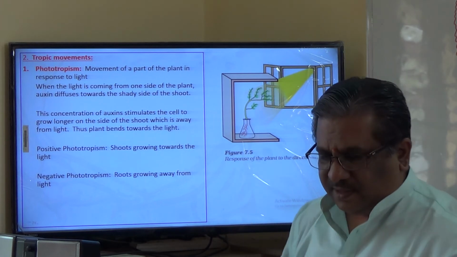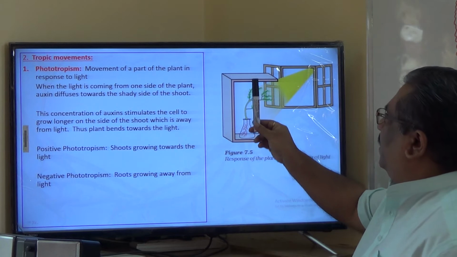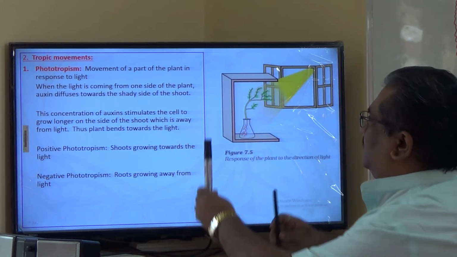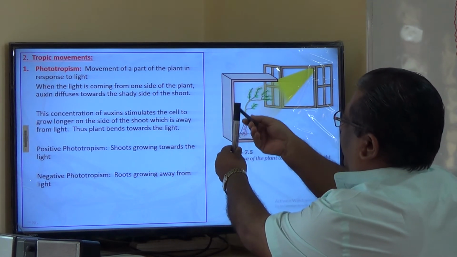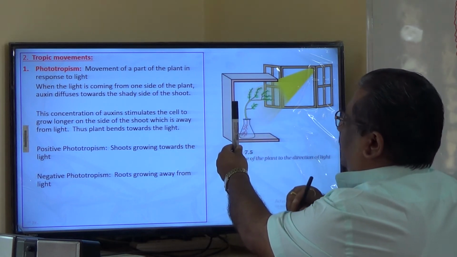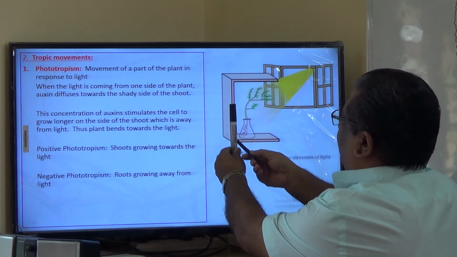I hope you are able to understand. If I hold like this, if this is a stem here, light is falling on this part. What about this part? This part is called the shady region. Light is coming here and this part of the stem is the lighted region.